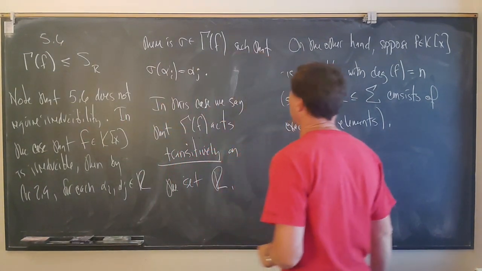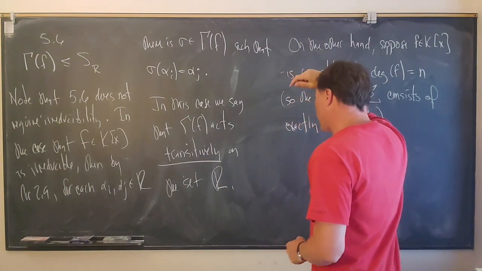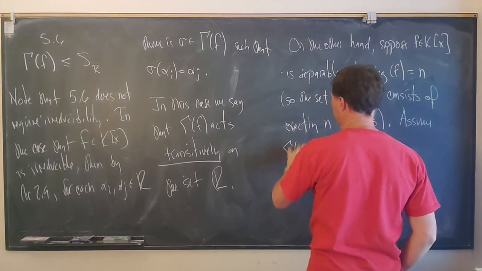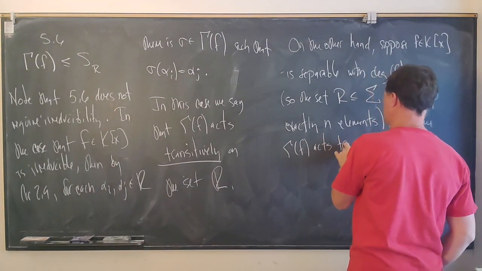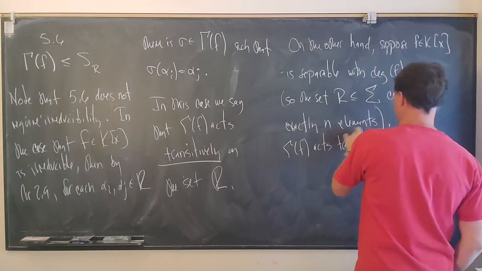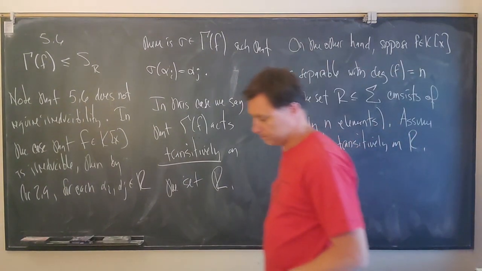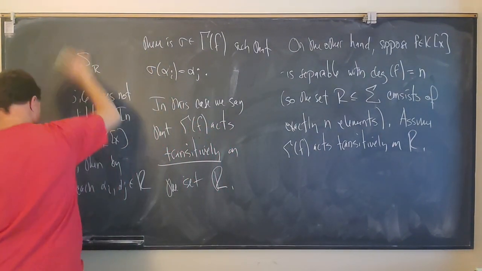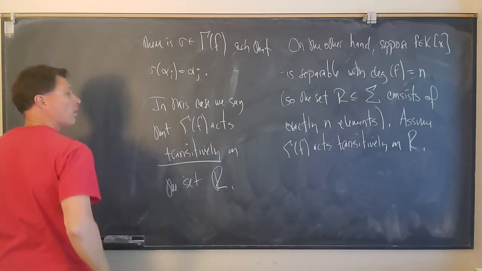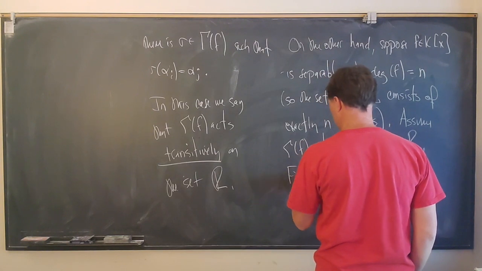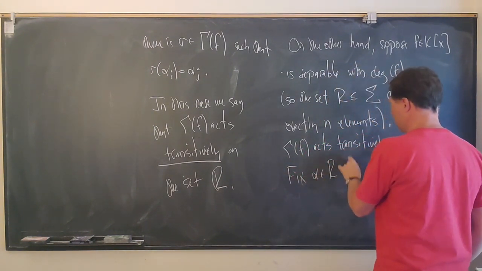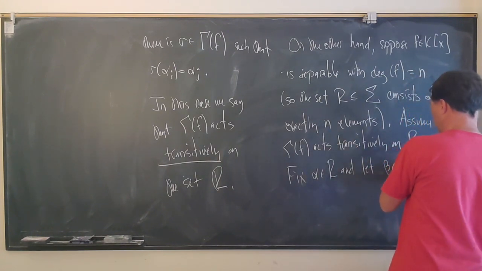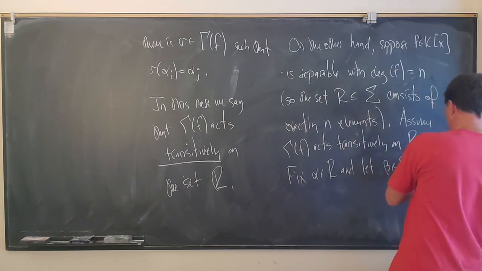And what I'd like to do is assume that the Galois group of f acts transitively on R. So let's fix alpha in capital R, and then let beta be any other root, not equal to alpha.